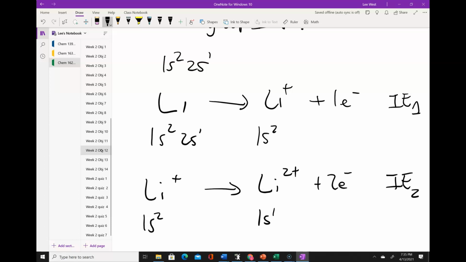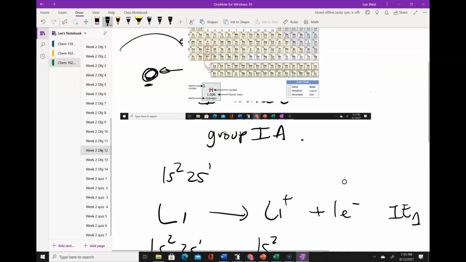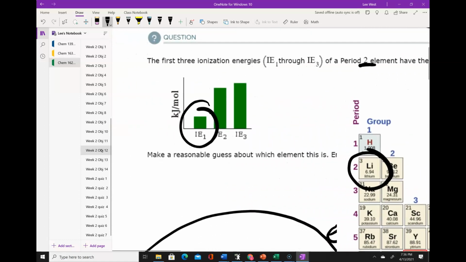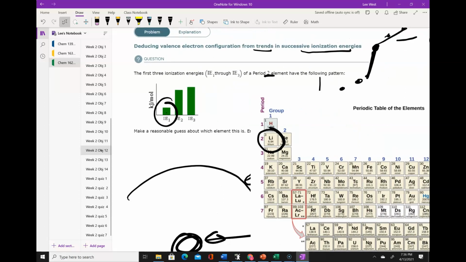That requires a huge amount of energy. That's why we see this giant jump, more than what we would expect, when we go from IE1 to IE2, because IE2 takes so much energy. So this is most likely lithium. You're always looking for the jump when you're trying to figure out those ones.